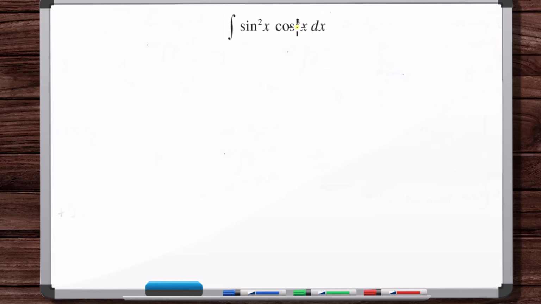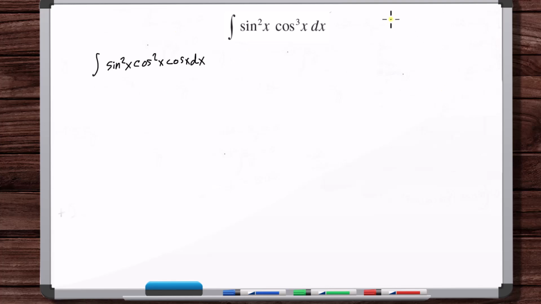All right, so here we see we've got an odd power of cosine. And so the idea is what we're going to do is take one of the cosines from the cosine cubed, and then we've got a cosine x dx, and then we're going to express the remaining function in terms of just sines.